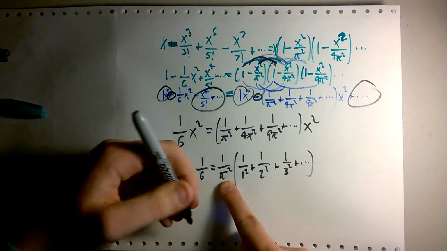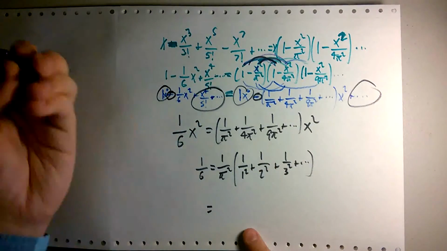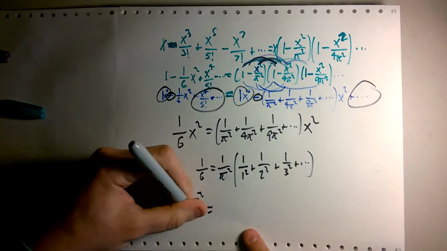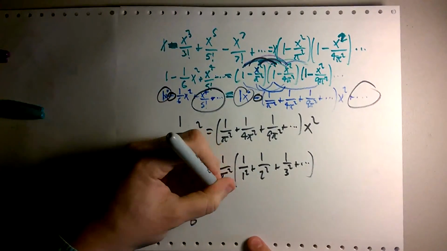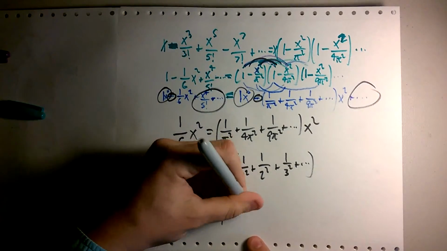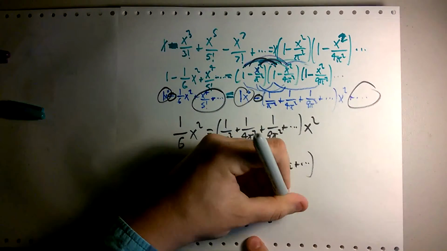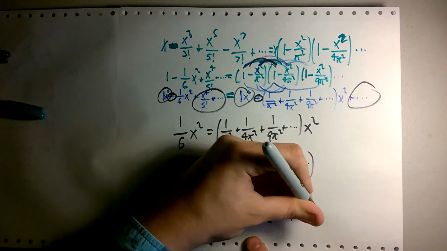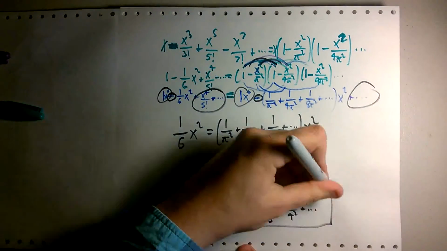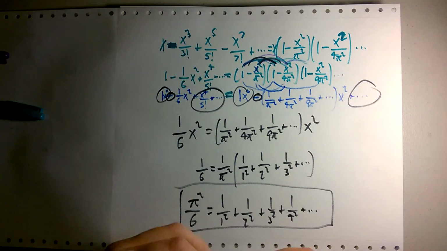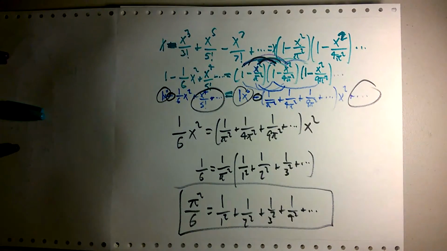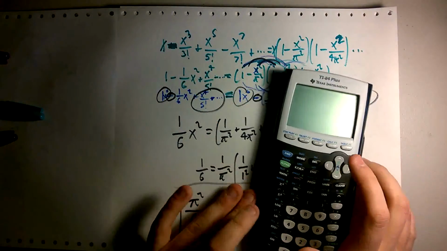Let's multiply by pi squared just to get the sequence by itself, and we get pi squared on 6 equals 1 over 1 squared plus 1 over 2 squared plus 1 over 3 squared plus 1 over 4 squared, etc. Look at that beautiful result. Holy cow. It's just remarkable.